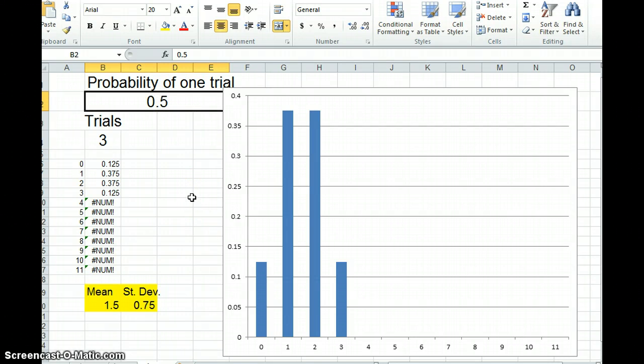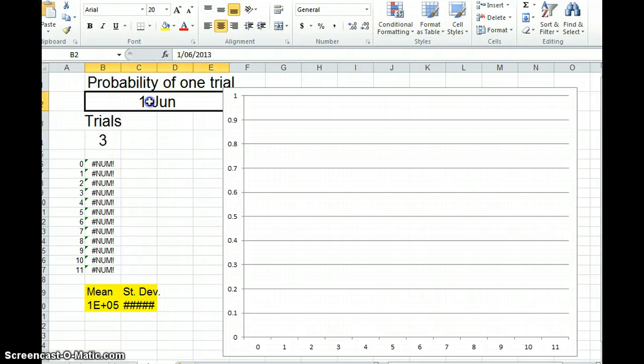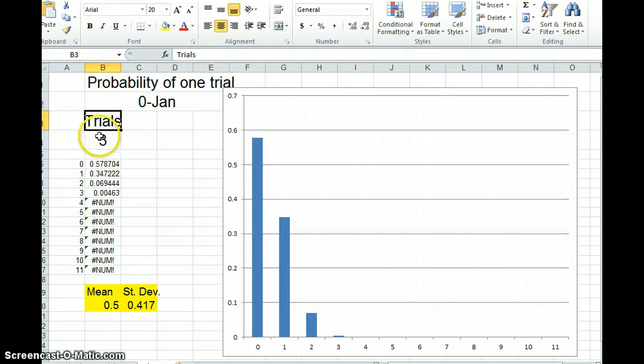If I reduce that down to, say, like a 6-sided dice, 1 out of 6 chance, whoops, I have to write what equals 1 out of 6, and I rolled that dice 3 times, the probability of, say, getting no 6s is 0.58, and getting 1 six out of 3 trials is 0.35, and getting 2 sixes out of 3 trials is 0.06, and getting 3 sixes, 3 dice in a row, the chances are quite slim, 0.001 or something like that.